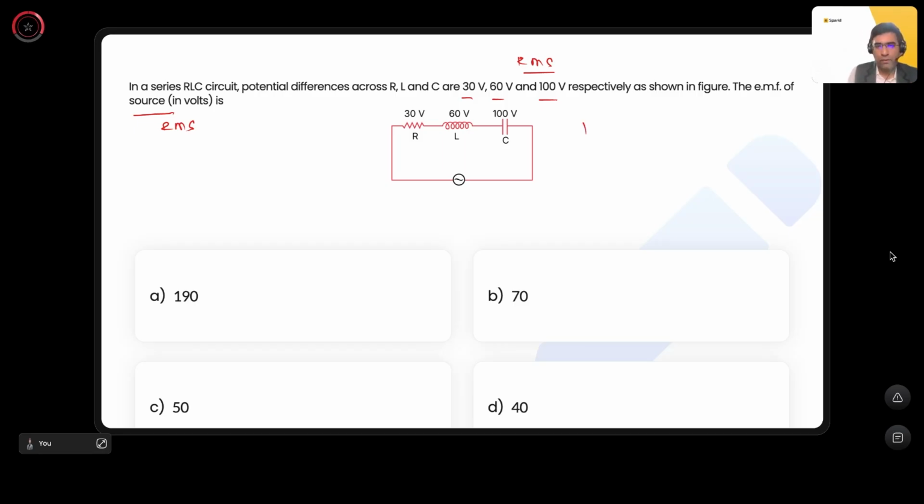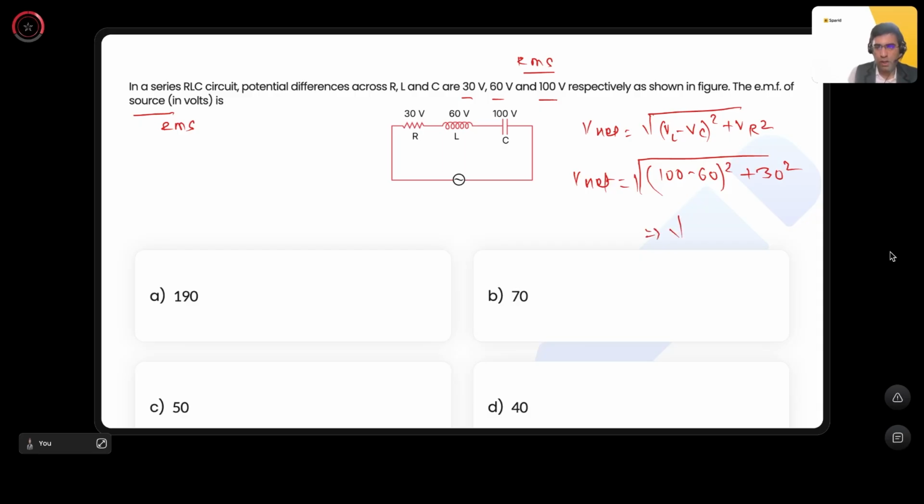So we know that V net is equal to under root of (VL minus VC) whole square plus VR square. All right. So we just have to put the values in this particular formula. So VL minus VC will be 100 minus 60, whole square, plus 30 square.